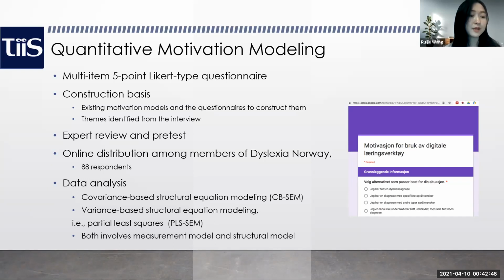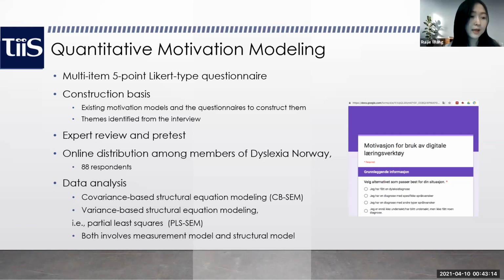To examine the motivational factors and quantitatively examine their relationships, participants were asked to assess the statements on a 5-point Likert-type questionnaire, ranging from strongly agree to strongly disagree. The questionnaire was reviewed by experts and pre-tested by dyslexic students and refined accordingly before distribution.